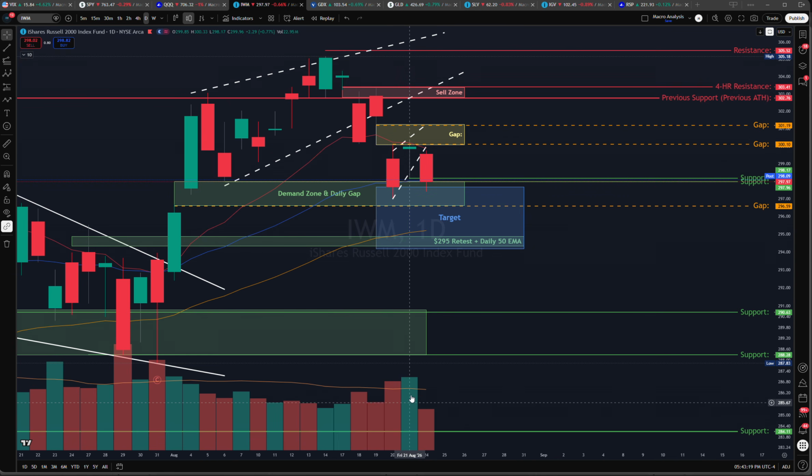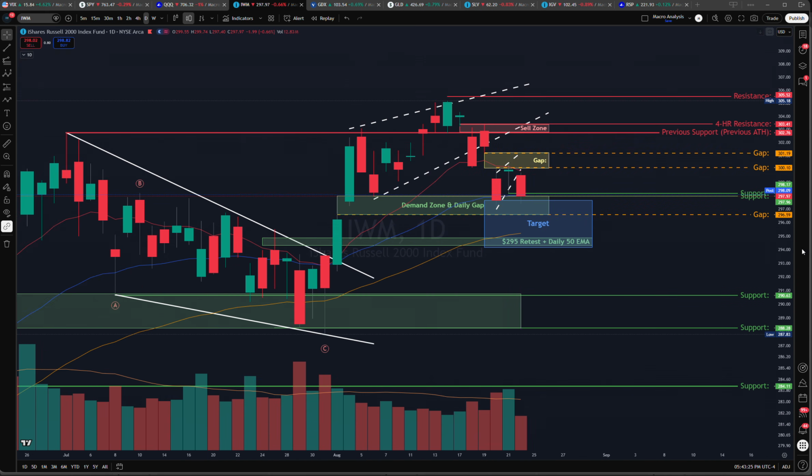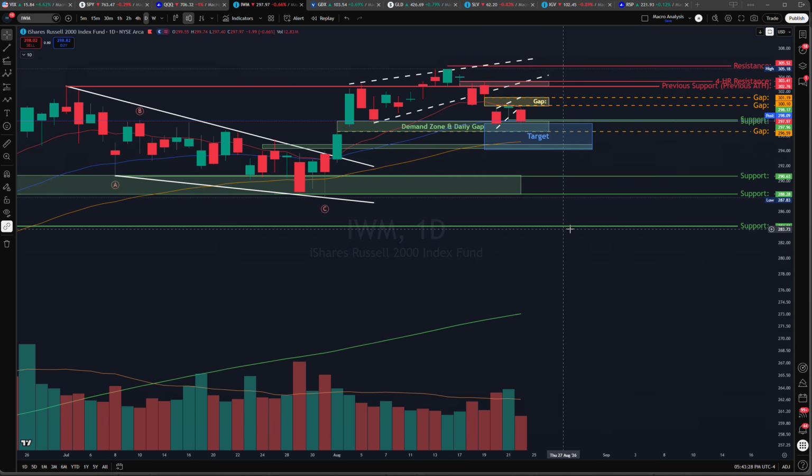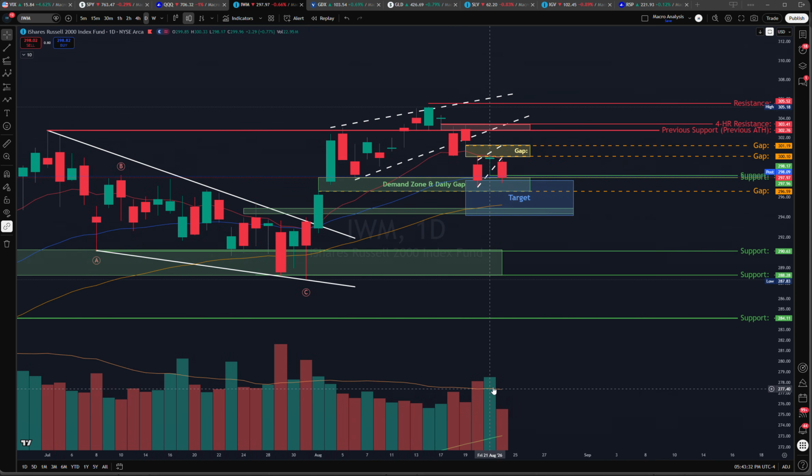We saw decent volume yesterday. Today the volume was not good on this sell, so you've got to be careful not being too bearish when you saw pretty decent volume yesterday and you failed to break above yesterday's previous high. So keep that in mind. You want to see a break above the previous high because you can still come down.